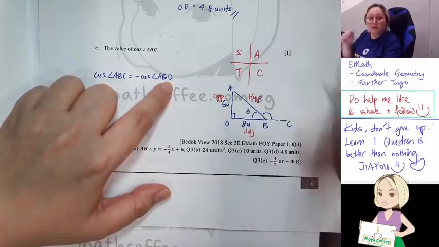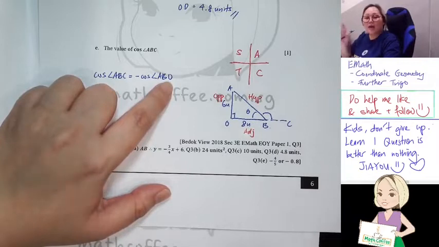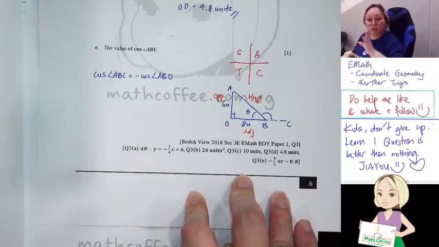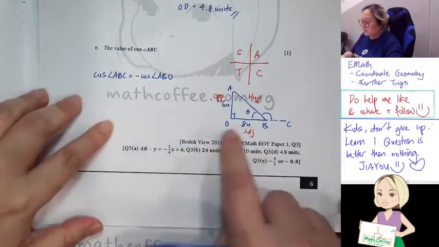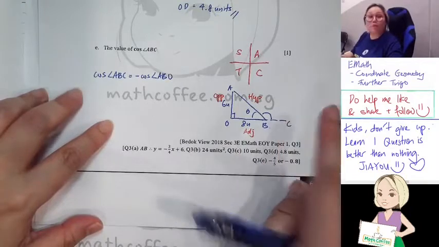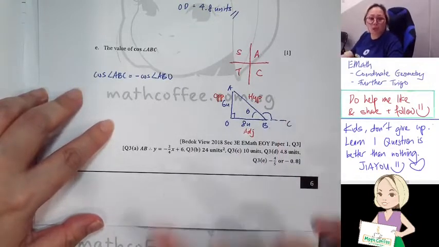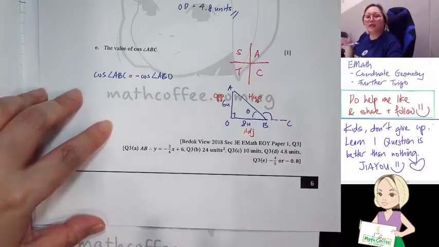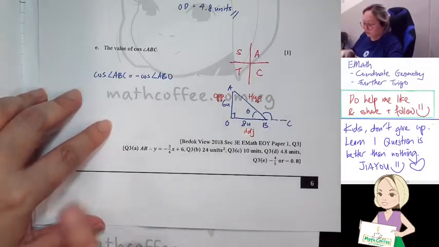So we know that cosine is A over H. So you will say, what if it's sine? Sine will be positive. That means sine angle ABC is equal to positive sine angle ABO, because sine in the second quadrant is positive.